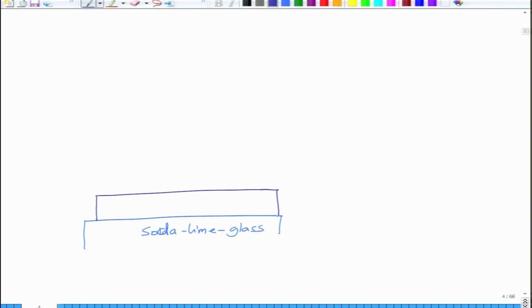Here molybdenum is used as a contact, which is about half a micron thick, and then we use a layer of CIS or CIGS, about 2 micron.